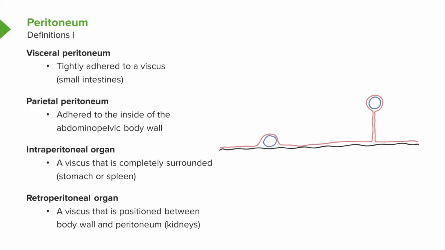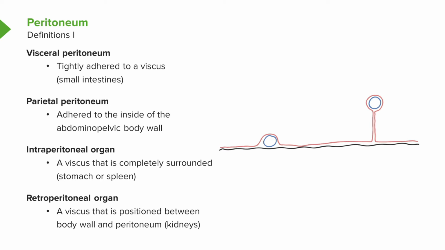So let's start off with some important definitions. There are lots of definitions that need to be described in relation to this peritoneum. Let's start off with visceral peritoneum. This is a portion of the peritoneal membrane that is tightly adhered to a viscus, say, the small intestine. If you're familiar with the thorax, then this is the same as visceral pleura, that was tightly adhered to the lungs.